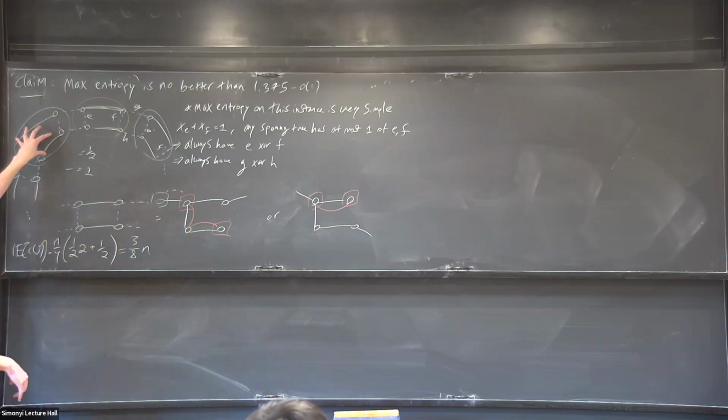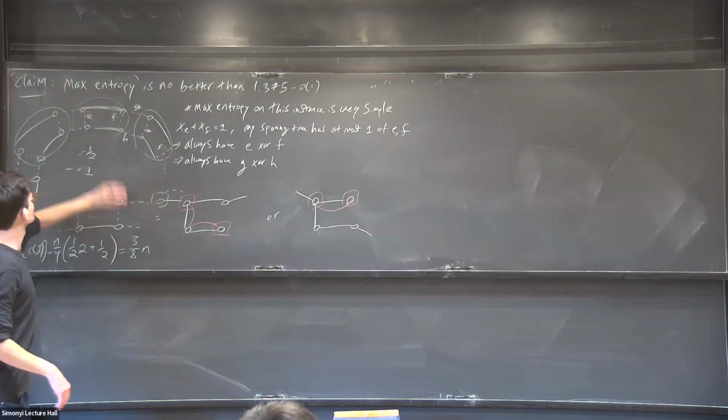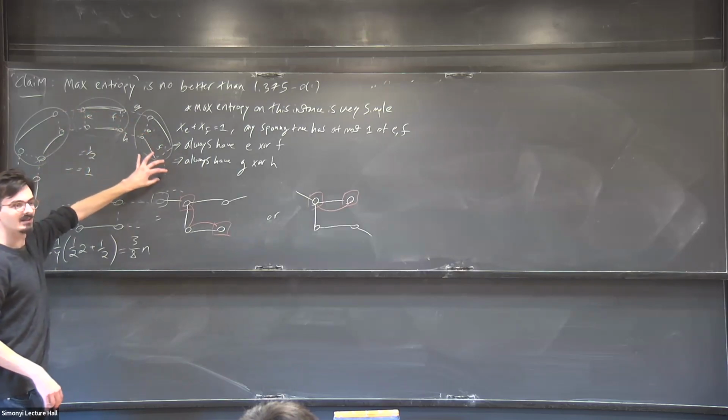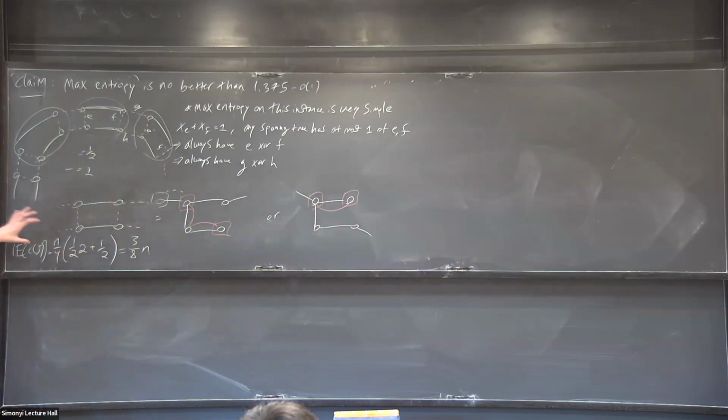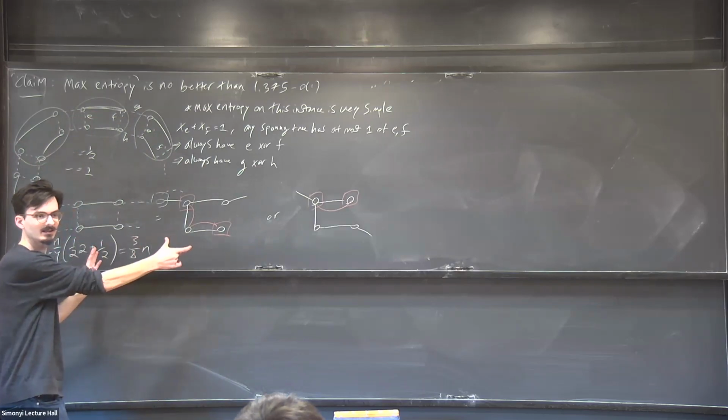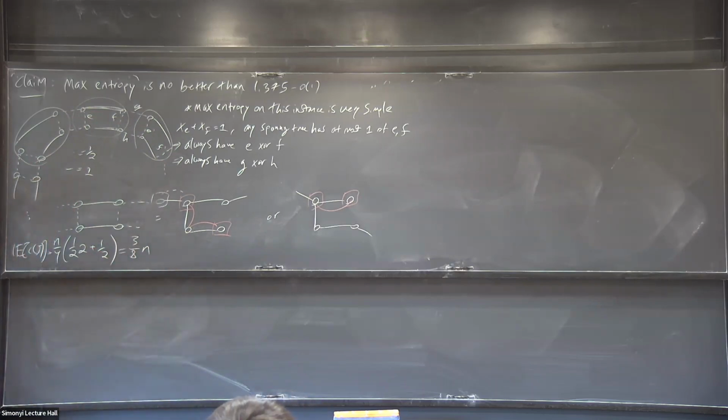I either do the matching inside the squares, or I do the matching inside these squares. And you can prove that actually one of those two matchings is optimal. And the analysis is really the same as this. So then you analyze both of these joins at the same time, and with high probability, they're both going to cost 3/8 n. But yeah, that's a good question.